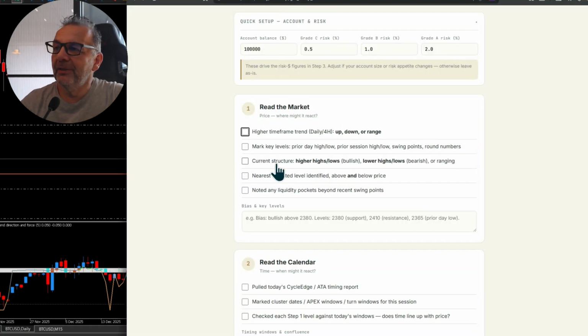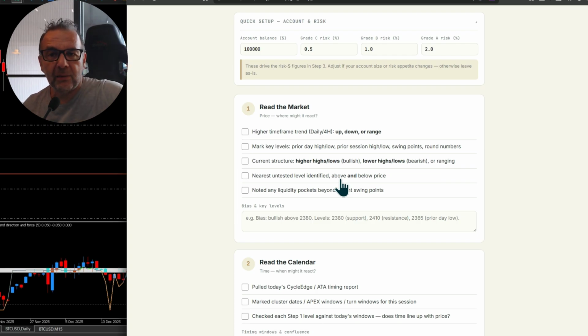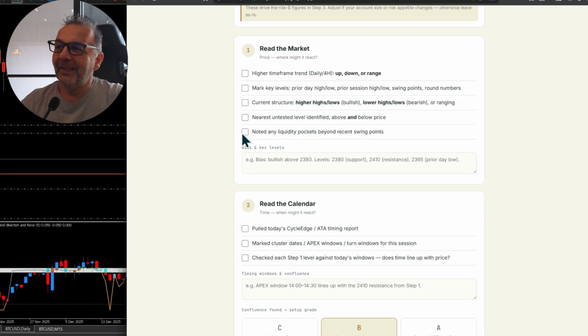And then current structure: higher highs and higher lows. Is there a trend going up or down, or are we ranging? Nearest untested levels, I always identify them with the rectangles, as you know. So just draw your rectangles and stick them on there. And also any gaps. You'll see in many of my analyses, I'll put a cause and consequence bar and then check if there's a gap underneath it.